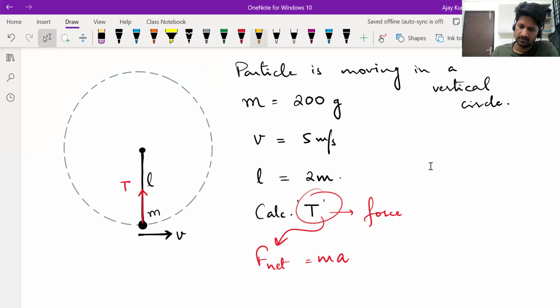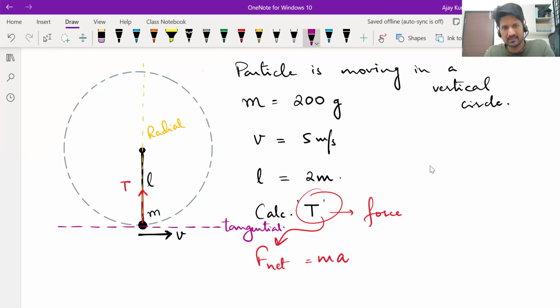Now see, whenever objects move in a curved path, from now onwards, you have to imagine the way in which the object is moving. If the object is moving in a curved path, you have to think in terms of radial. See, this yellow dotted line is the radial direction. And this purple dotted line is the tangential direction. Tangential means along the tangent.